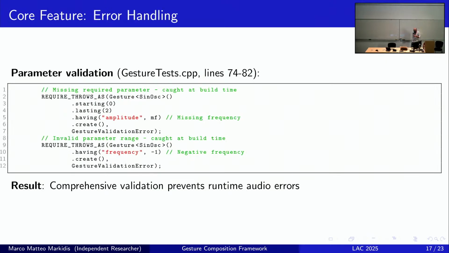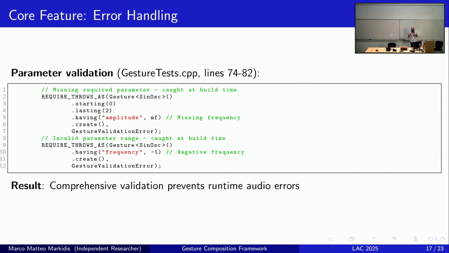Error handling, basically, as I mentioned before, I'm using state tracking to understand if I'm providing all the necessary elements for the gesture creation. In the first case, for instance, I am missing the frequency for the SYNOSC generator.